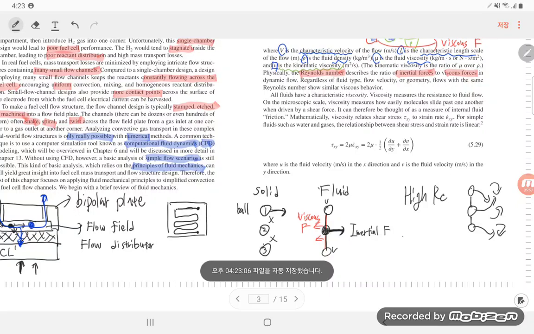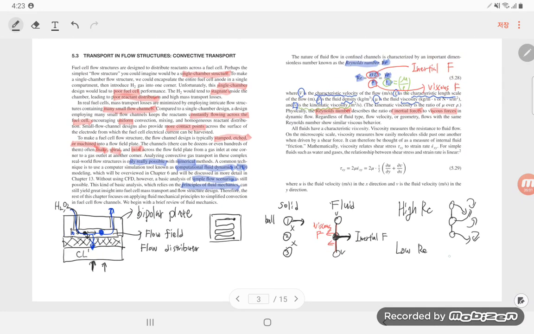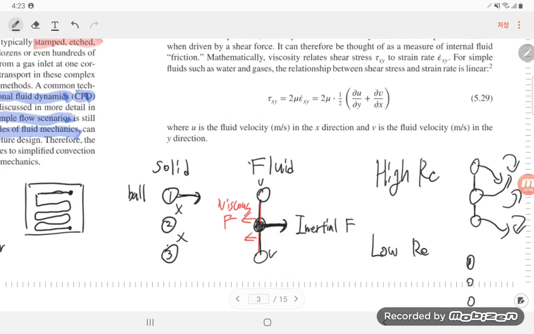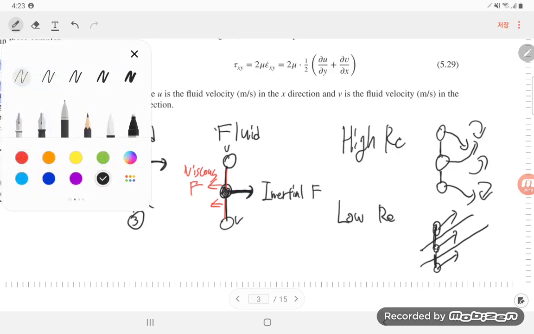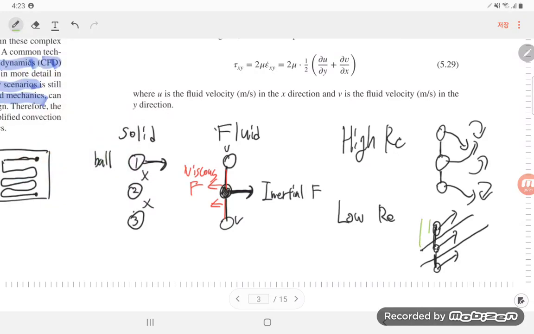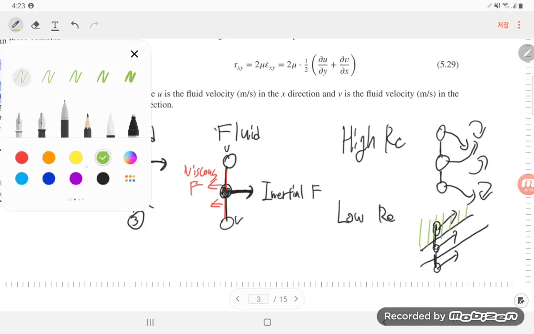And at a low Reynolds number, if these molecules want to go in this direction, they go together and make layer by layer, right? Layer.